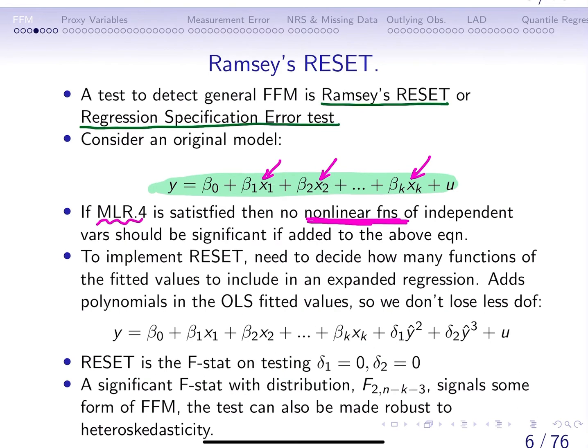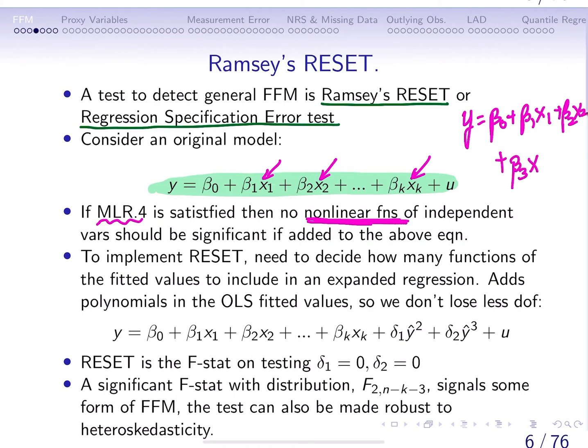So this is basically saying that if we regressed y on, let's say, beta 1 x1 plus beta 2 x2, and then we added beta 3 x1 squared plus beta 4 x2 squared, we are introducing nonlinearities by incorporating nonlinear functions of the original explanatory variables.